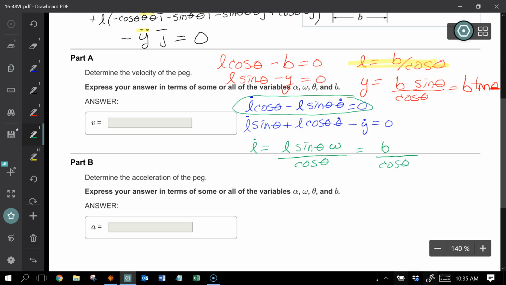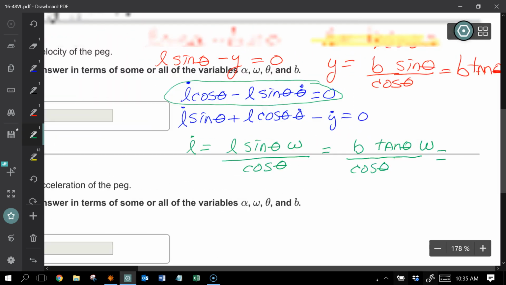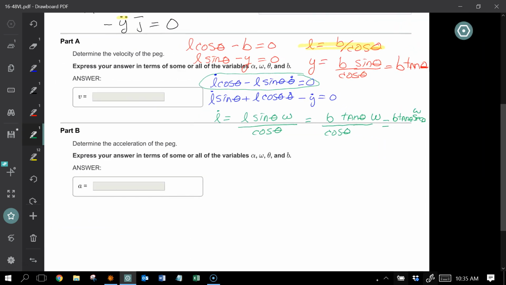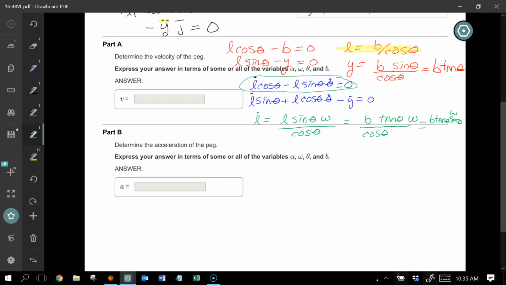That's L. And then sine over cosine is tangent times omega. So this would be b tangent theta secant theta times omega. So that's L dot, which you don't care about, but you got it.